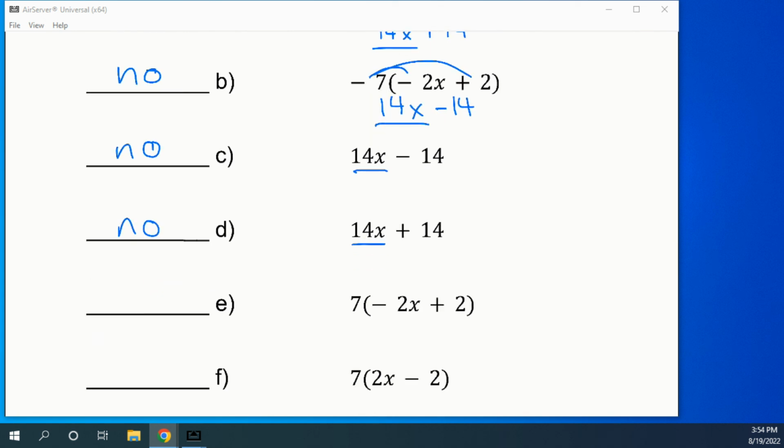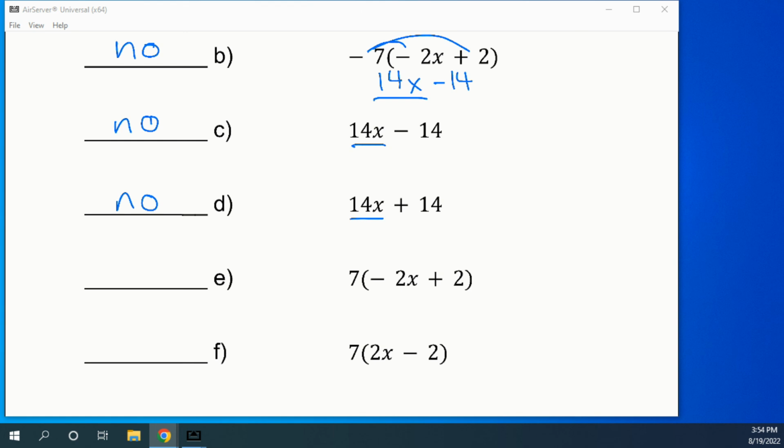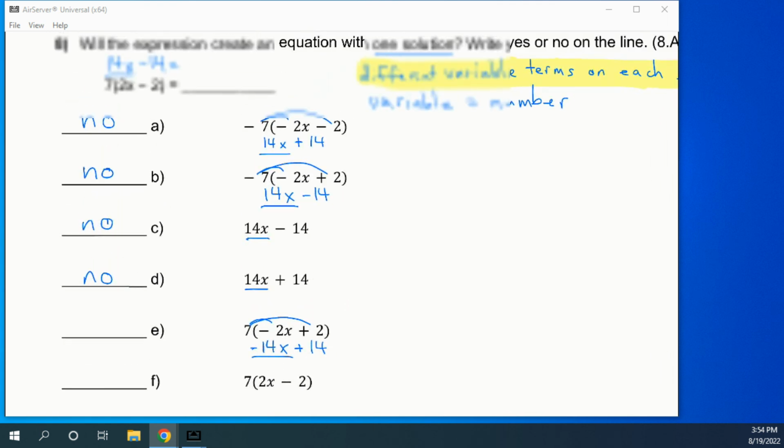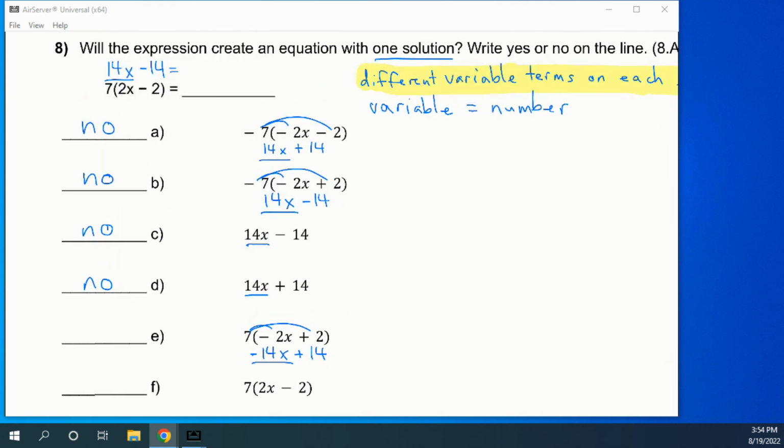Did we already set any of these up correctly? We'll see. 7 times negative 2x is negative 14x. 7 times 2 is going to be 14. Now, this one actually, comparing our variable terms, E has a variable term of negative 14, which is not positive 14.